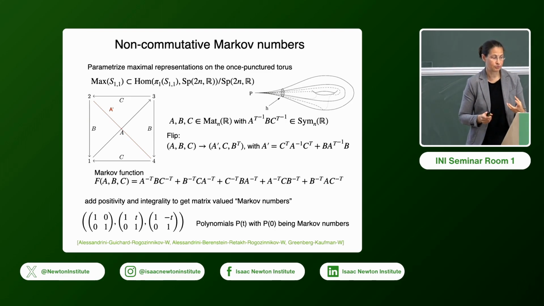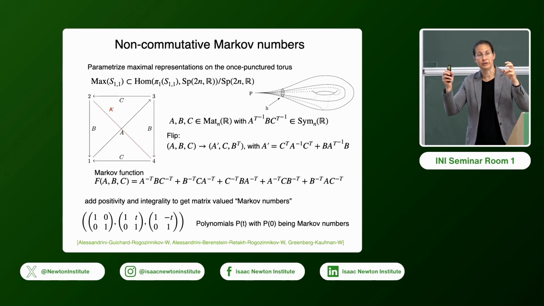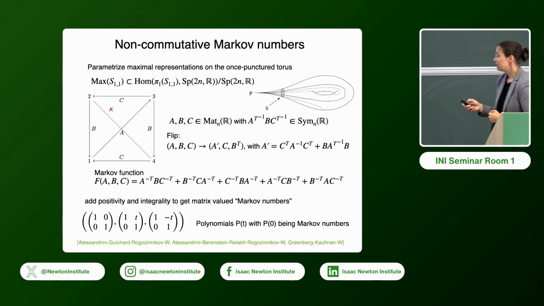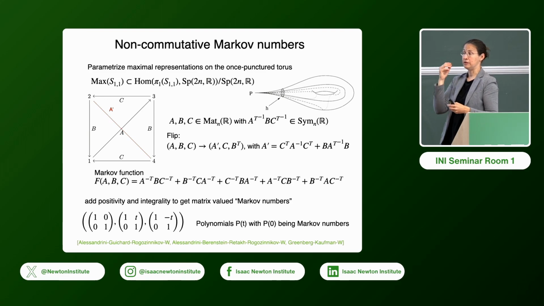So perhaps it's not so surprising that we can parameterize the set of positive, or maximal, representations of the one-puncture torus in a very similar way to the hyperbolic situation. We take this one-puncture torus, pick something like a higher-dimensional horocycle, pick an ideal triangulation, and again unfold it. We associate to each edge of this triangulation not a real number, but a real matrix.